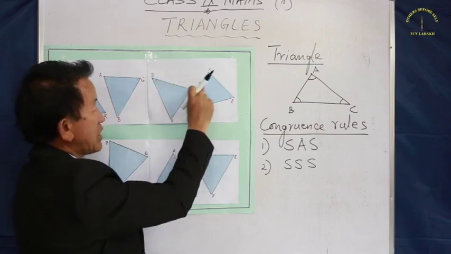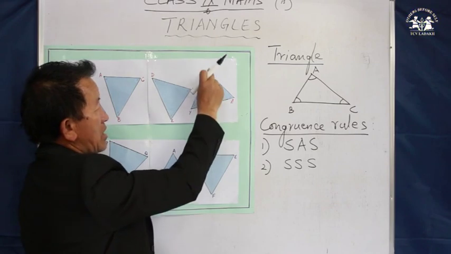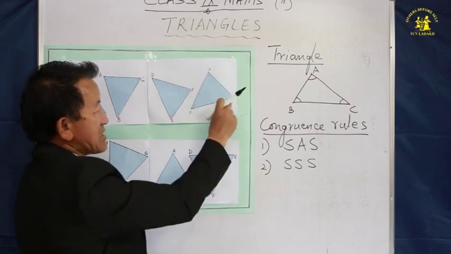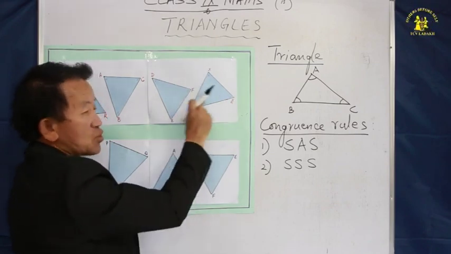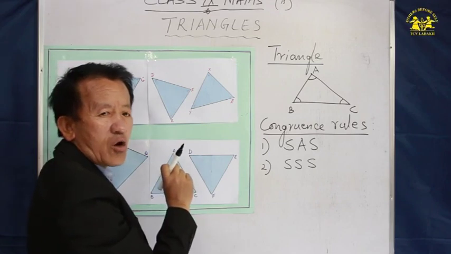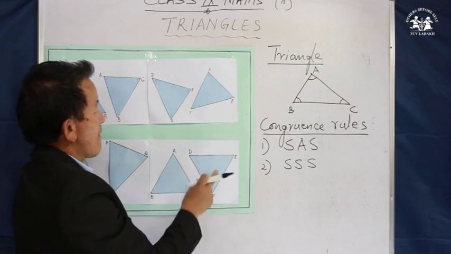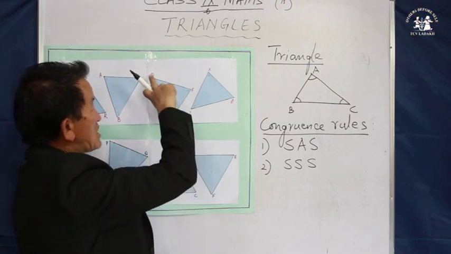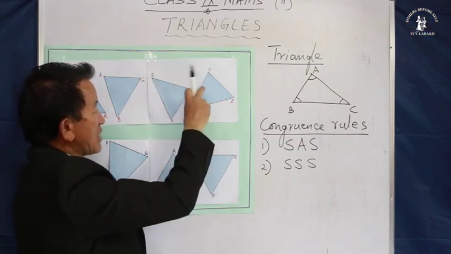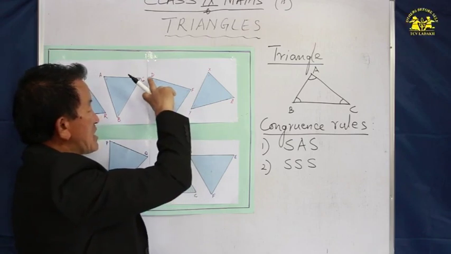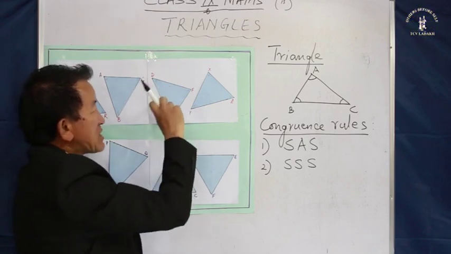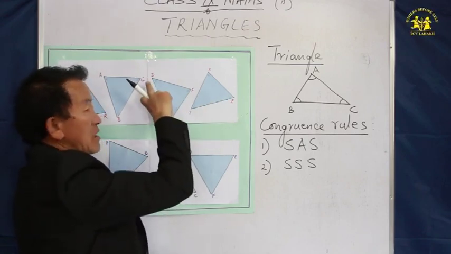If you look here, triangle XYZ, these two triangles are congruent, and if these two triangles are congruent, then suppose DE, you'll find one side on this triangle which is exactly equal to this.